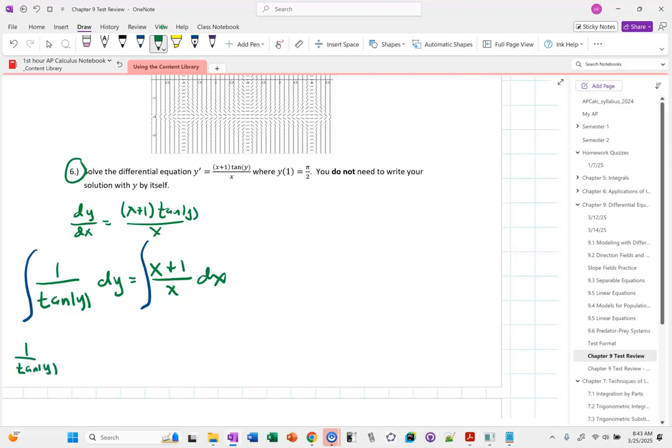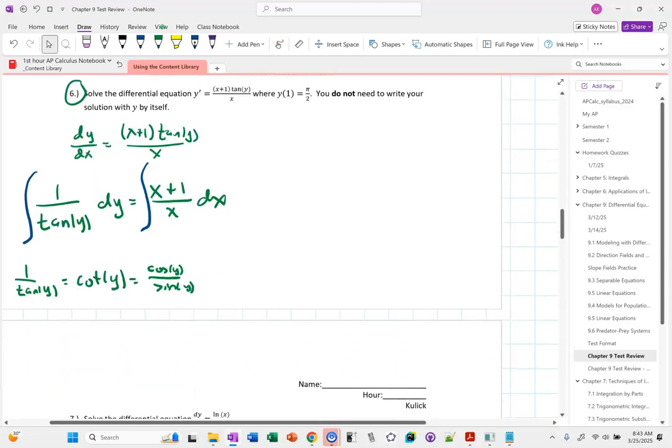This is what I would do. I would think about 1 over tangent as cotangent. Cotangent is cosine y over sine y.